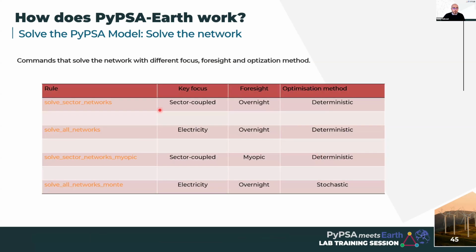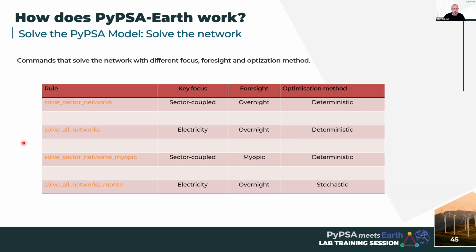So now those are the commands that we can give at the end to solve the network. If we give solve sector networks, we just solve the sector coupled with an overnight foresight, and the optimization method is deterministic.